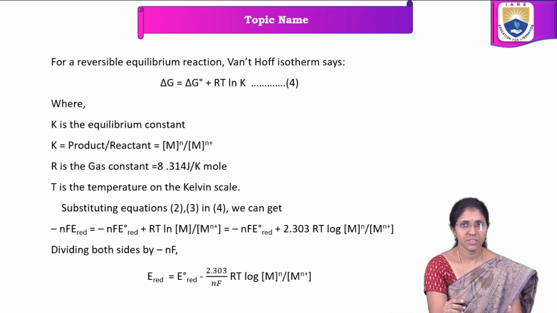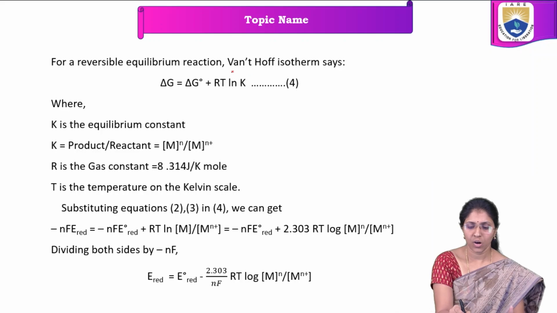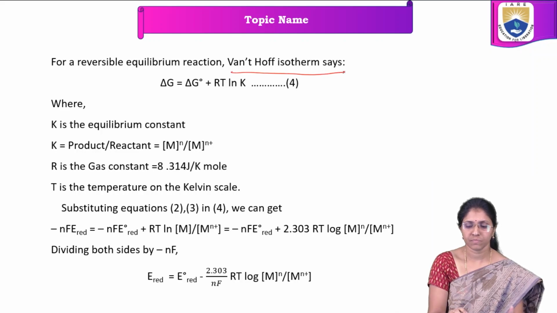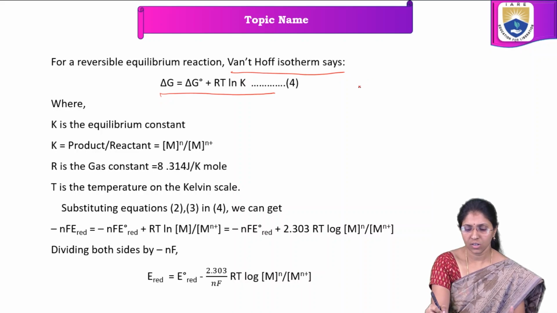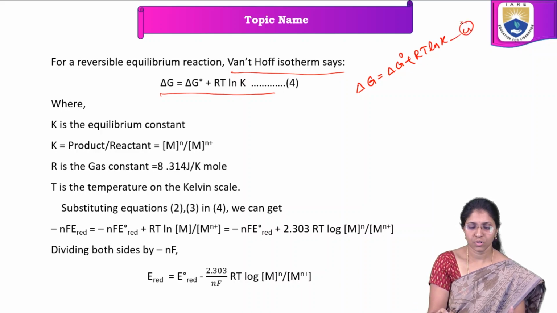For a reversible equilibrium reaction, van't Hoff isotherm says delta G equals delta G naught plus RT log K. This is equation 4.